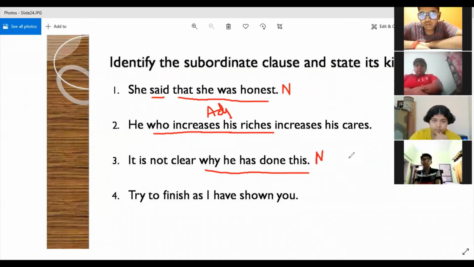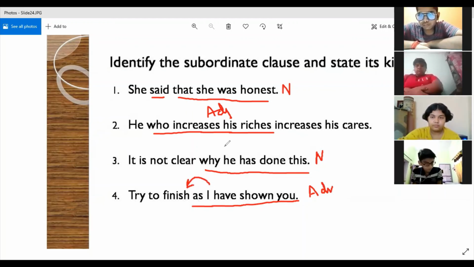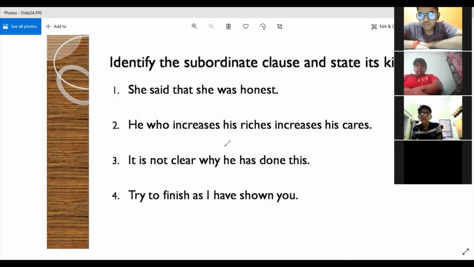Tasneem? It is an adverb clause. Sorry, as I have shown you is an adverb clause of manner. Very good. It is an adverb clause of manner because it is modifying this verb finish. Correct. So I hope that you people have understood everything.